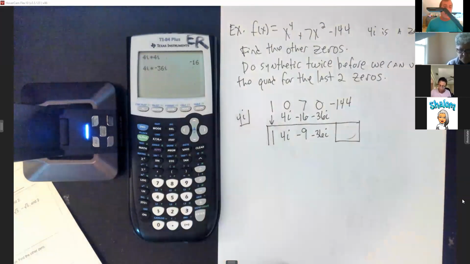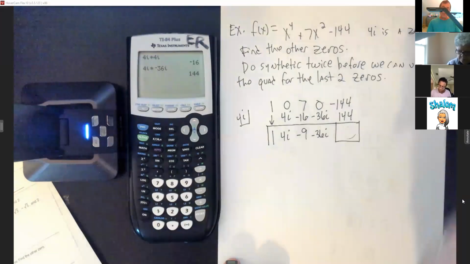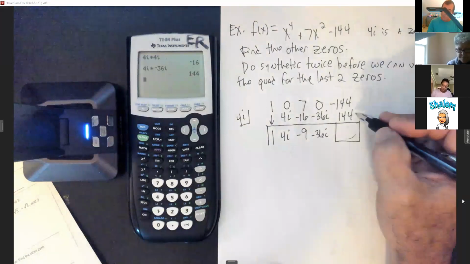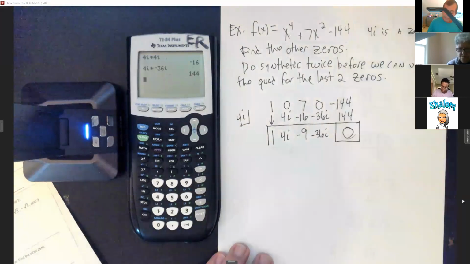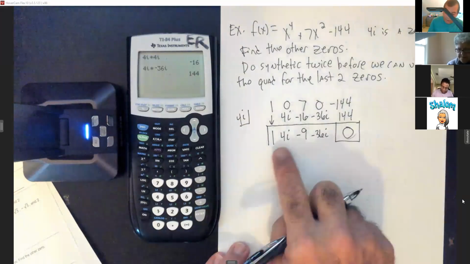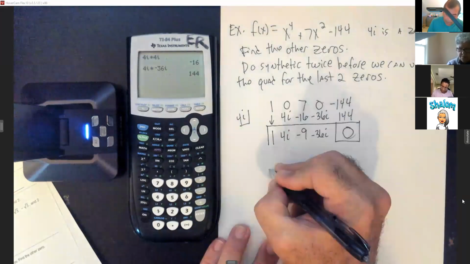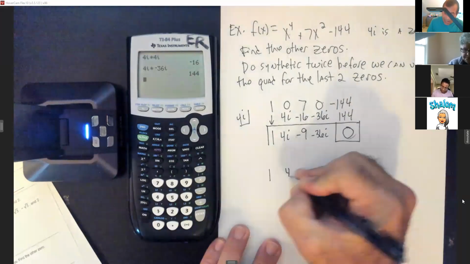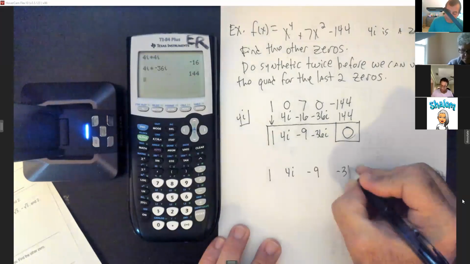That's going to give me a positive 144. And look at that. -144 plus 144 gives me a 0 remainder. So now these 4 numbers, you bring them down: 1, 4i, -9, and -36i.